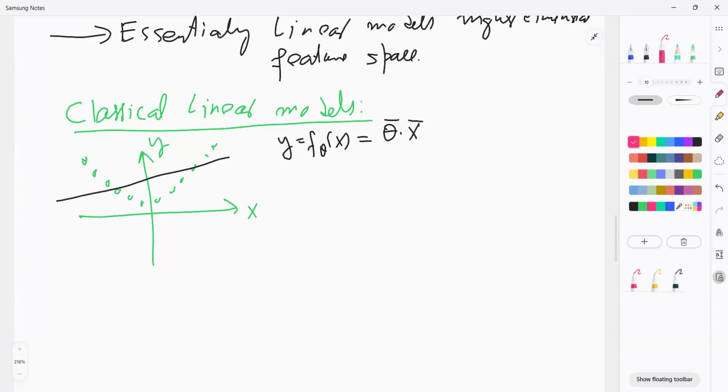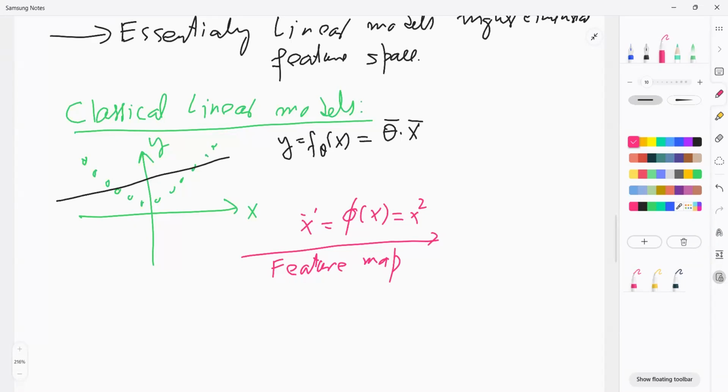However, if before I fit my linear model, I do feature engineering, and suppose I prepare another set of features. Let me call that feature map, some phi of x. We can call it feature transformation, or just a feature map, or sometimes it's called feature engineering. And suppose what we do, we implement the feature map as x prime is equal to x squared.